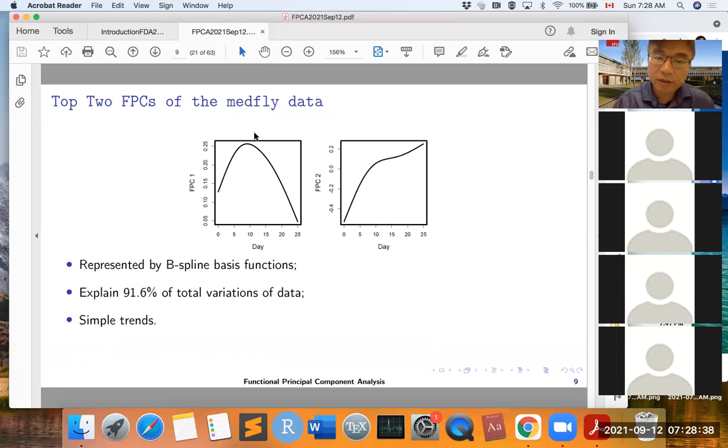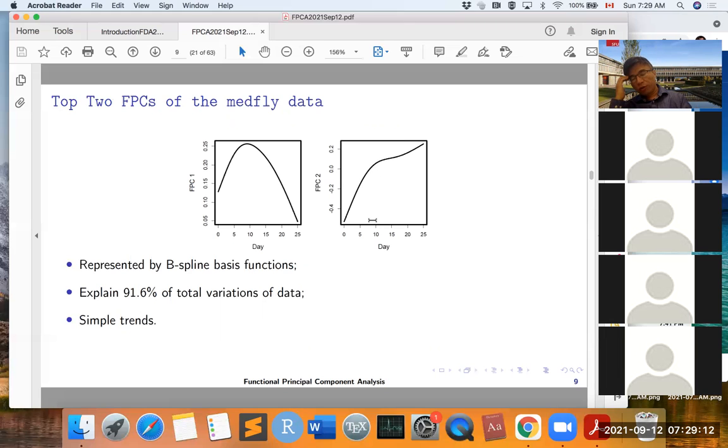The peak of the weight will change at a different time depending on the application, but the weight function FPC1 will always be positive. And for the second LPC, I find in most applications, it will be negative at the beginning and positive after some time.